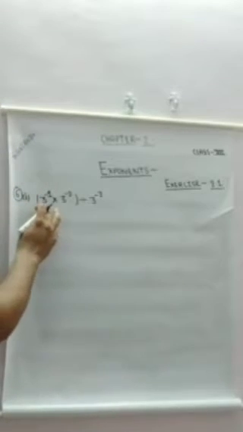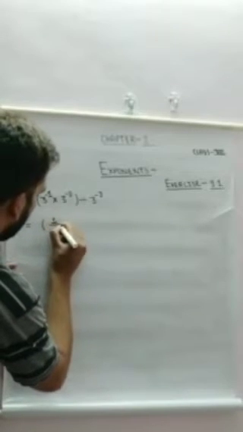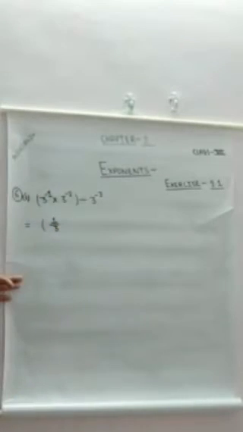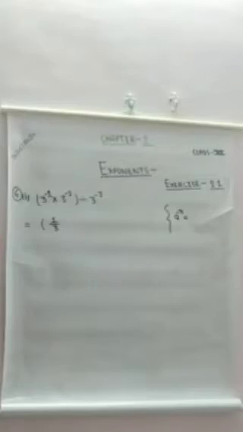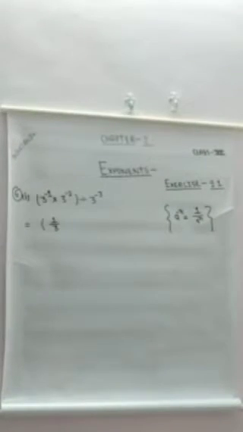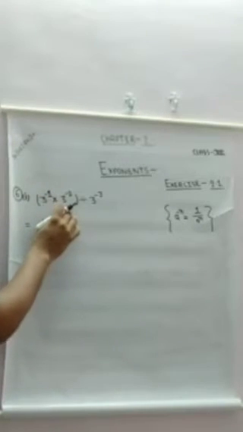3 raised to the power minus 1 we can write as 1 upon 3, because we know that a raised to the power minus n is equal to 1 upon a raised to the power n, into 3 raised to the power minus 2.